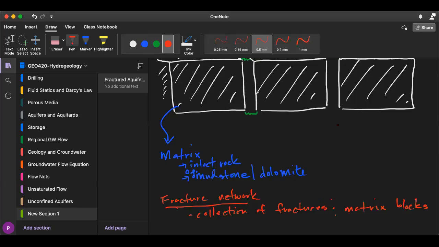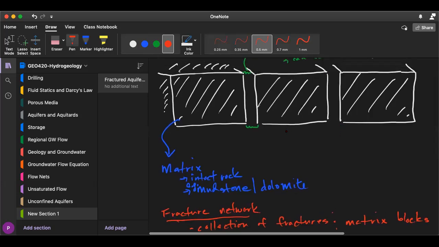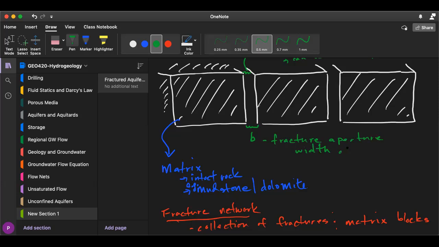All right, and some ways that we characterize these that will become important to us are, let's talk about this, there's the width of the fracture. So B is the fracture aperture. That's the width of the fracture.